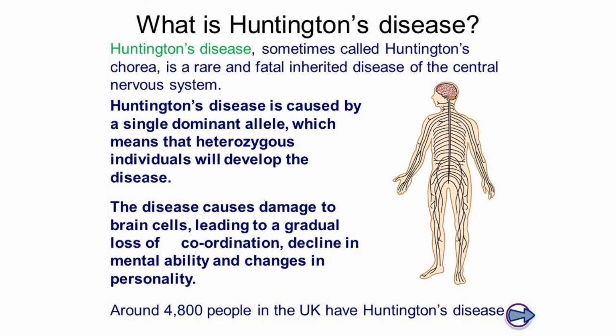The disease is caused by a single dominant allele, which means that a heterozygous individual will develop the disease. The disease causes damage to brain cells, leading to gradual loss of coordination, decline in mental ability, and change in personality.